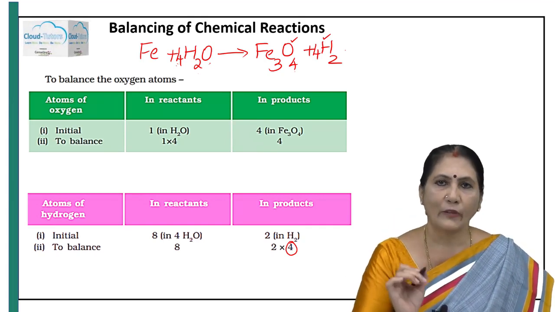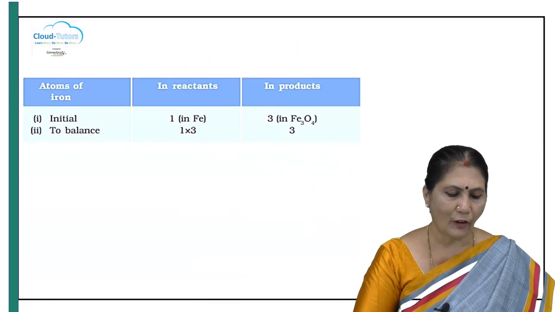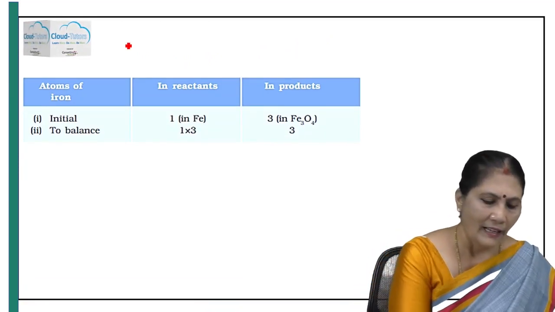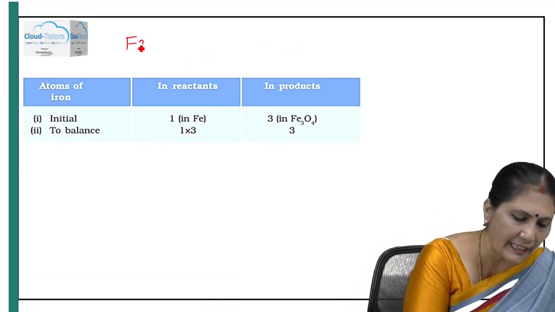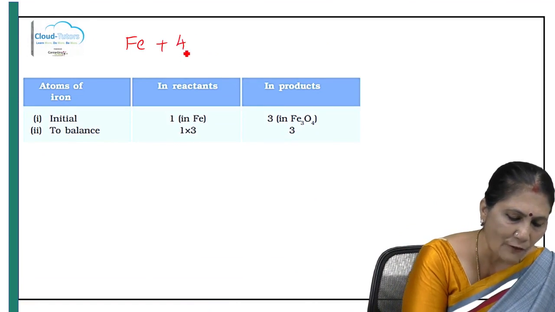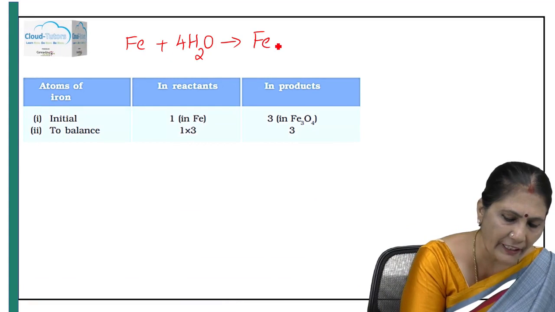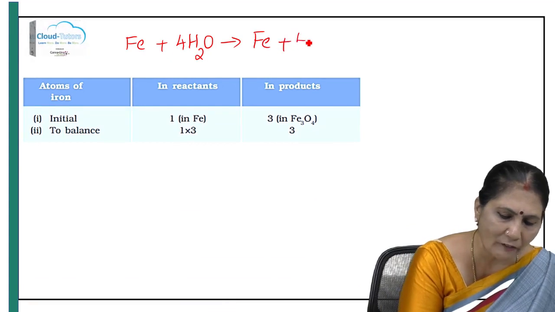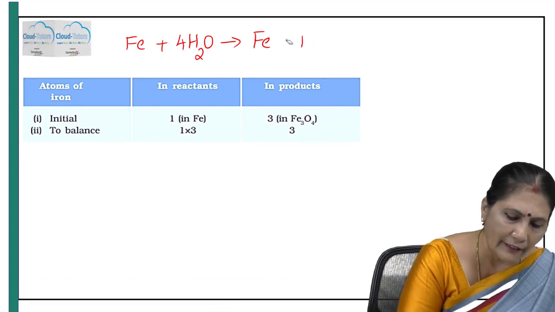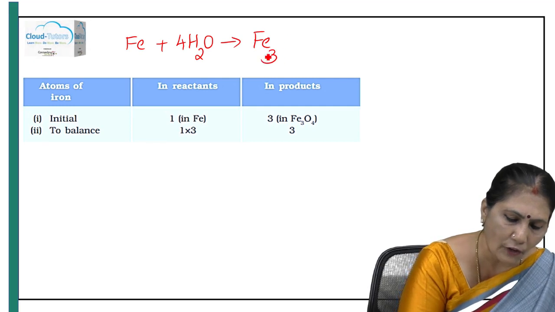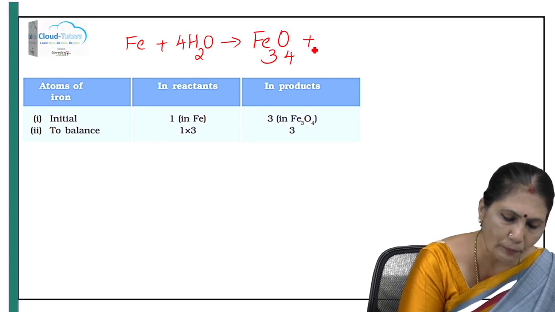Now let us quickly draw the tabular column for iron. Let me write the equation once again. Fe plus 4H2O, which I have written, gives Fe3O4, which I have already written, plus 4H2.